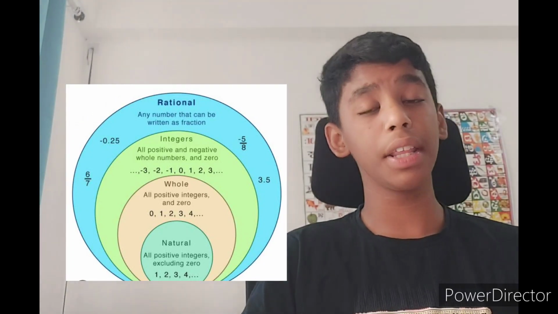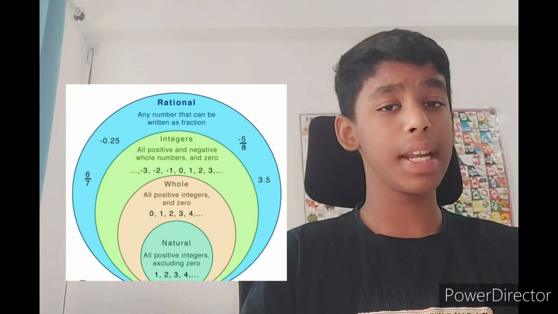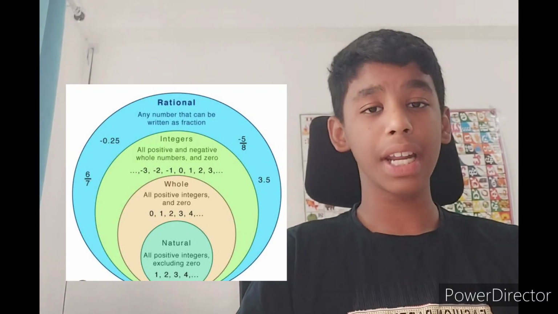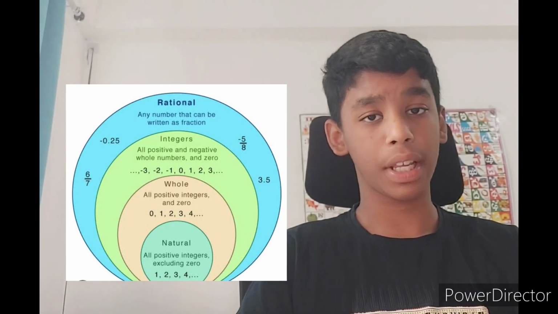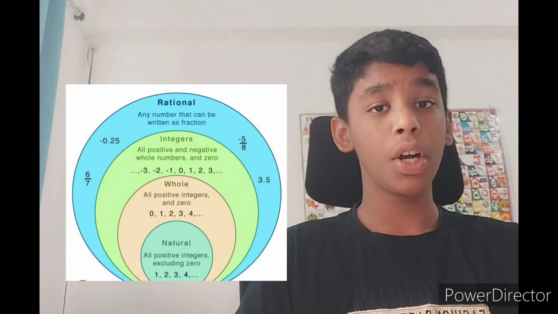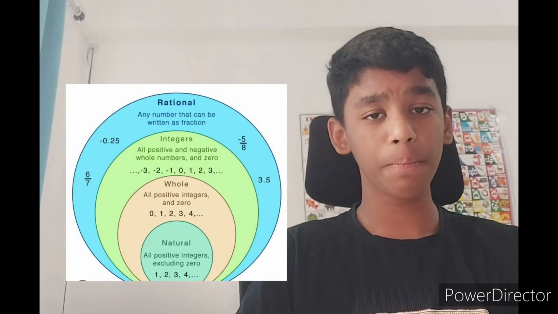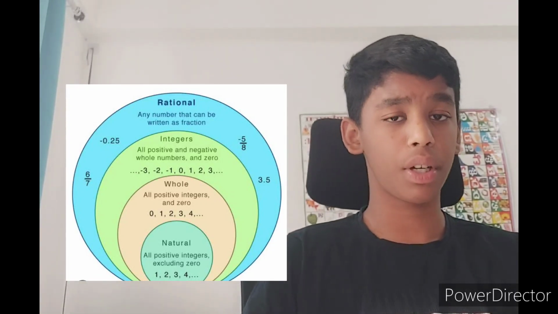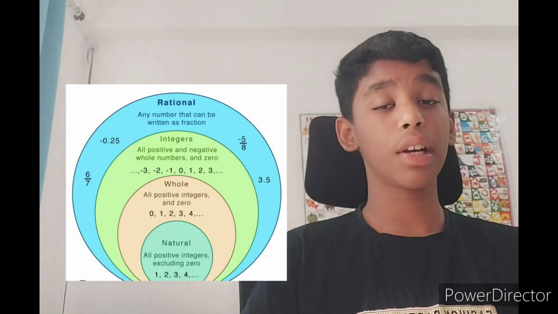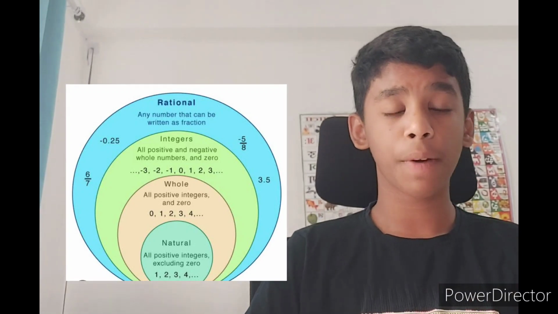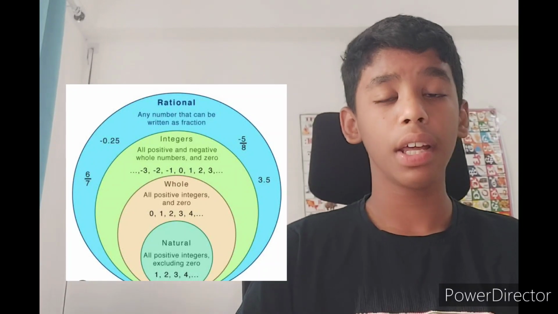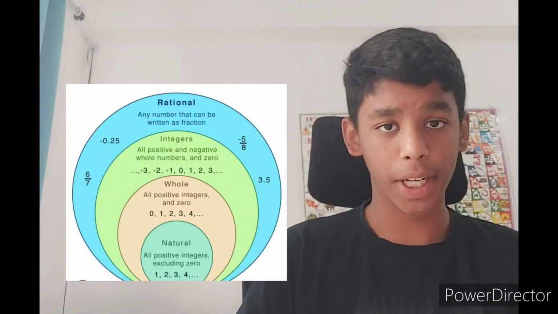And when we multiply two rational numbers, it will become a rational number. So in the closure property, addition, subtraction, and multiplication all satisfy the closure property.